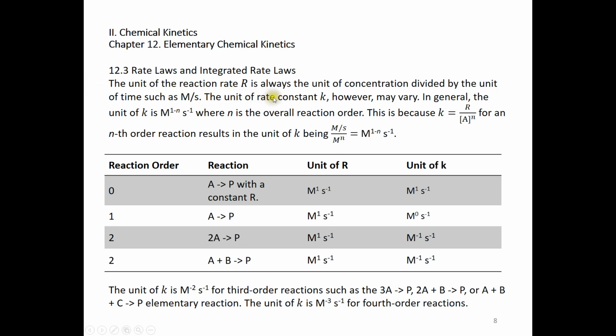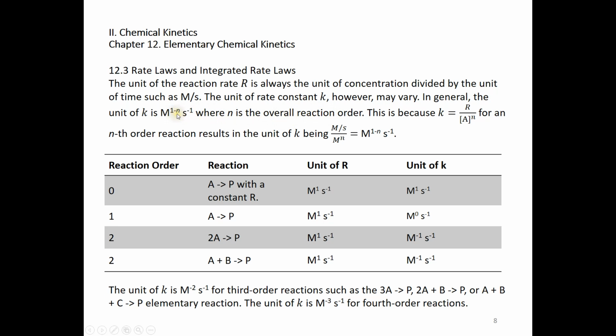The unit of the rate constant k, however, may vary. In general, the unit of k, the rate constant, is molar to the power of 1 minus n, per second, and n is the overall reaction order.